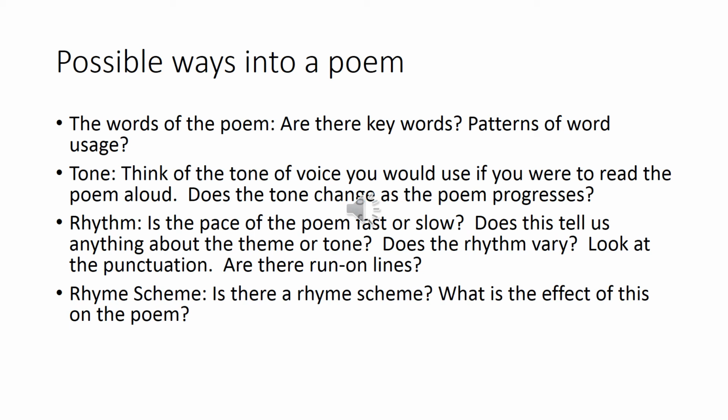You also need to look at if there's any keywords that carry a symbolic meaning. Now, these words, is there any contrasts in them or contradictions? For example, night and day, winter and summer, joy and sorrow, love and death.